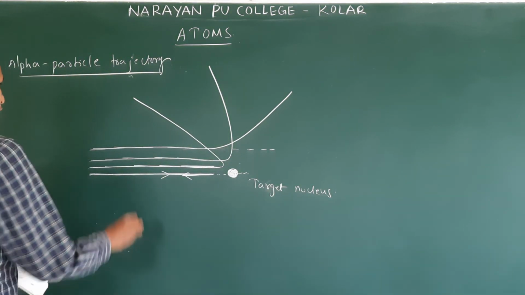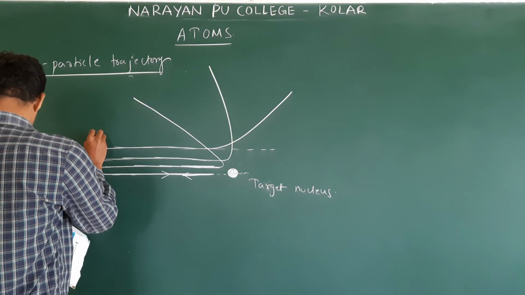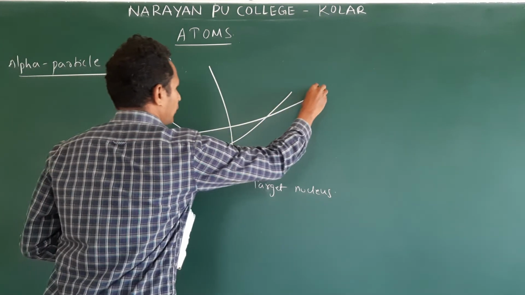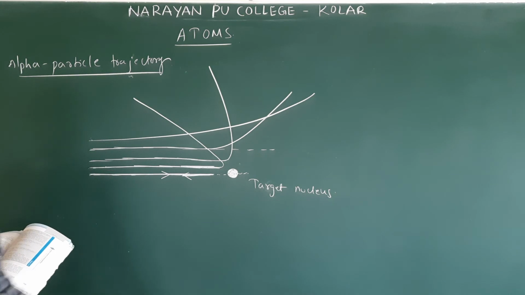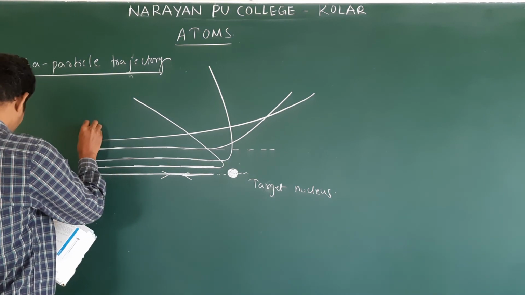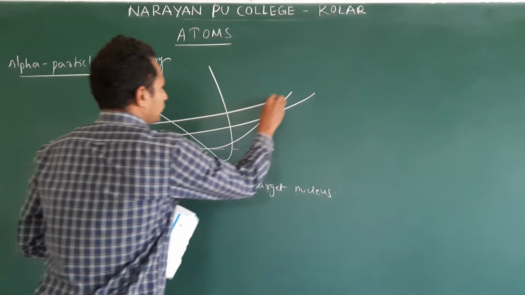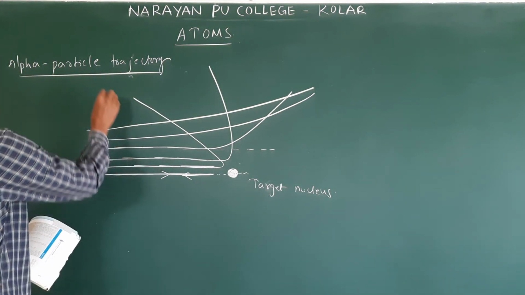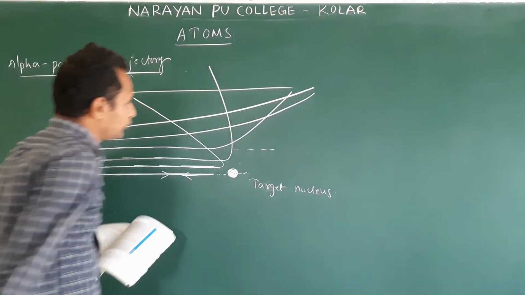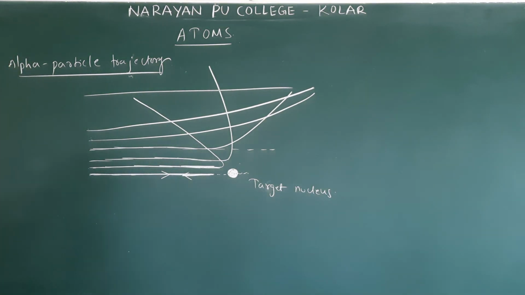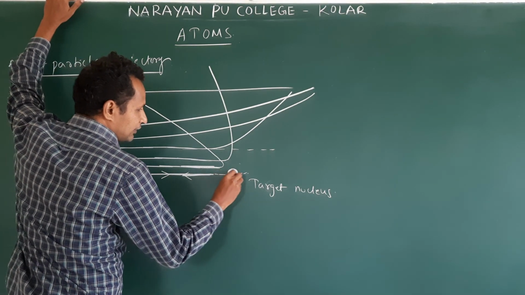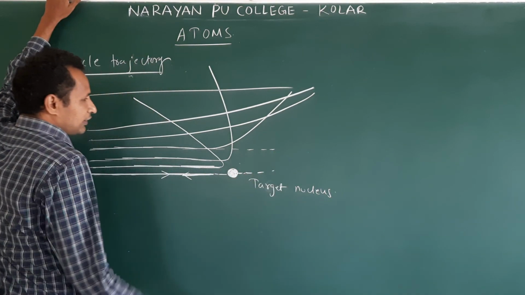Next, away from this. Next one. Here, if all the rays are falling and moving straight, see, this is the center of the nucleus, this is the reference line.